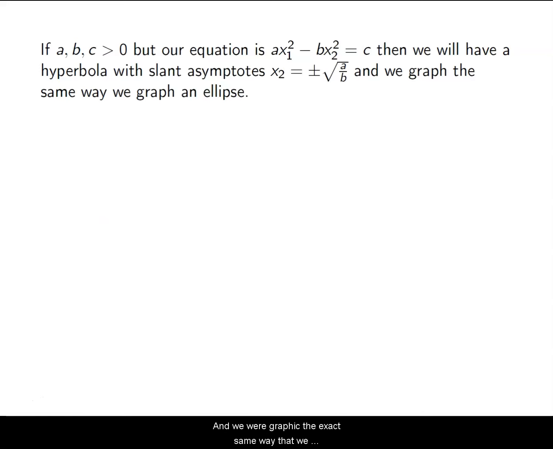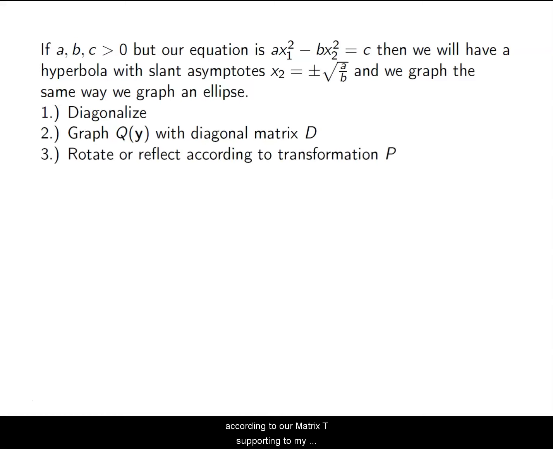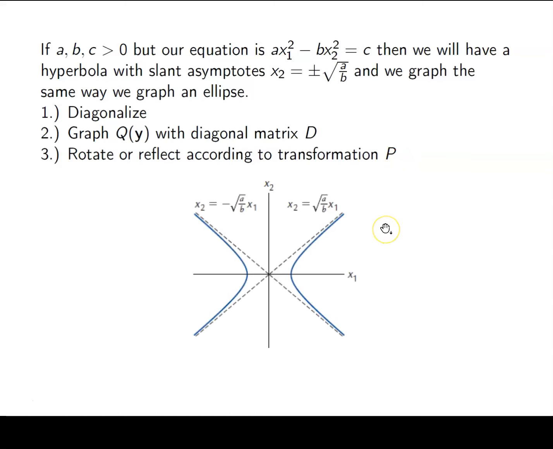We graph it the exact same way that we graph an ellipse: we diagonalize, graph that diagonalized form, and then we rotate or reflect according to the transformation of our P matrix. So again, in the D form, these are the formulas that we have for everything. Apologies, this should have said times x1, but x1 is a variable anyway, so it doesn't really matter.